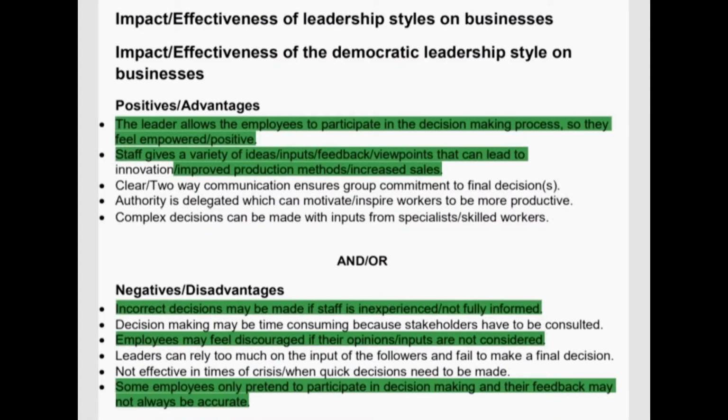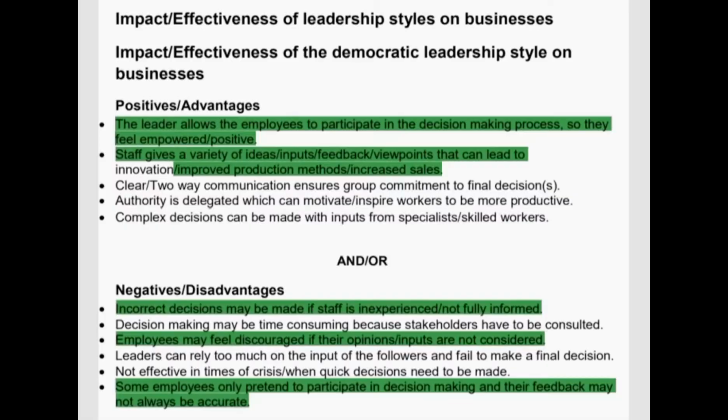The positive impact of a democratic leadership style is that the leader allows the employees to participate in the decision-making process so they can feel empowered and positive. That's a democratic leadership style.